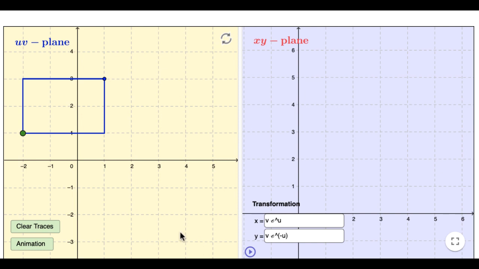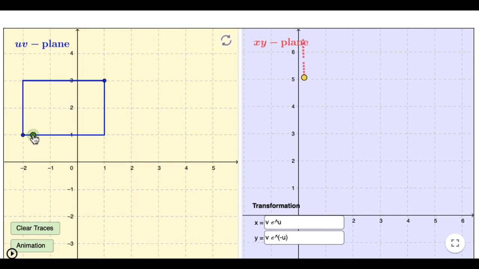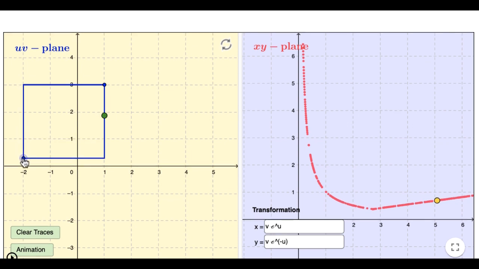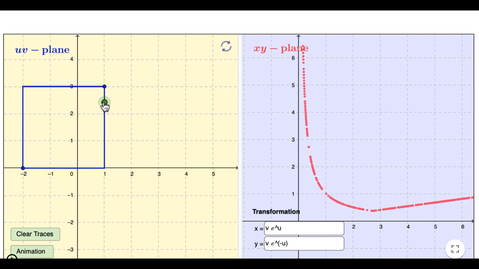I'll show you how to work this out later, but the idea is that horizontal lines now look like hyperbolas, and on the other hand, vertical lines actually look like straight lines that pass through the origin.